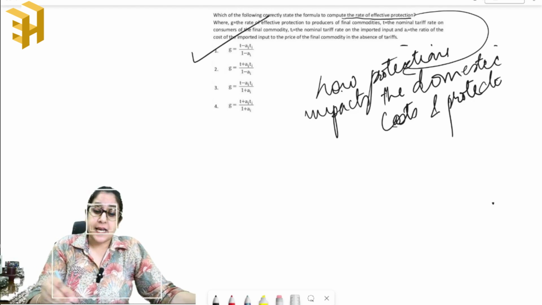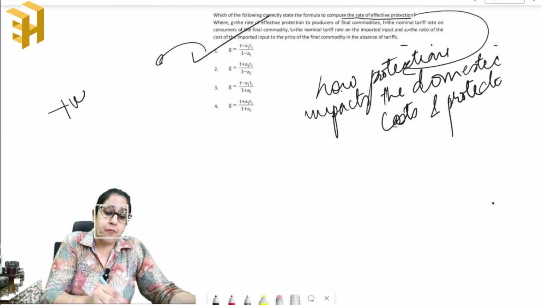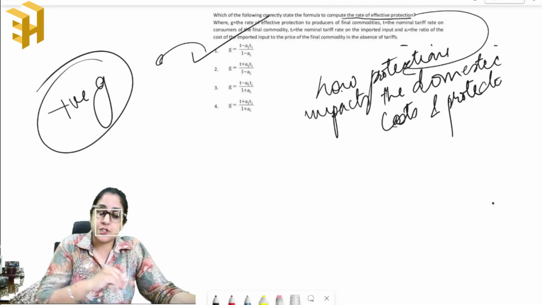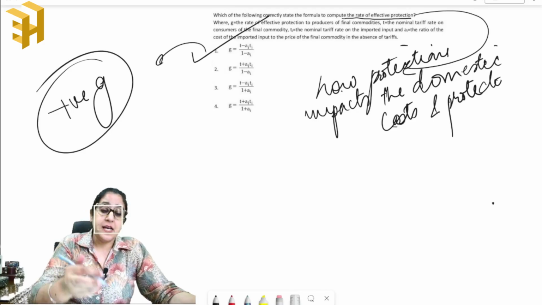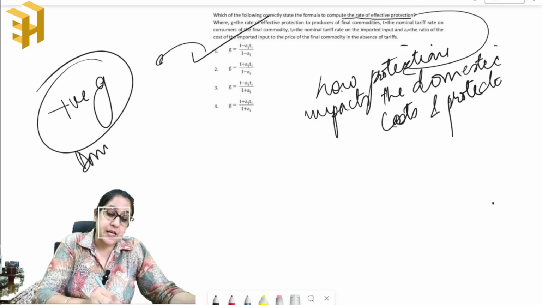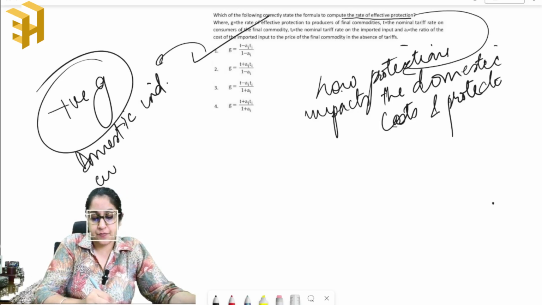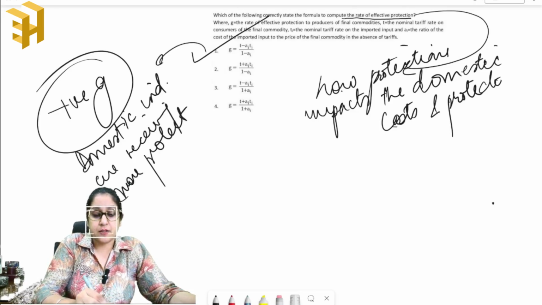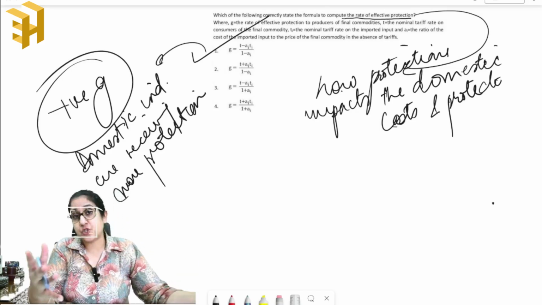Then the next thing you need to know is that if you have a positive value of your rate of effective protection, then that means your domestic industries are receiving more protection than the nominal tariffs, and it is giving them extra space to grow.